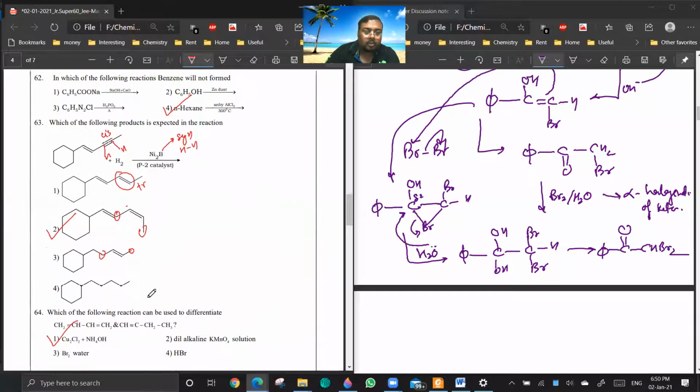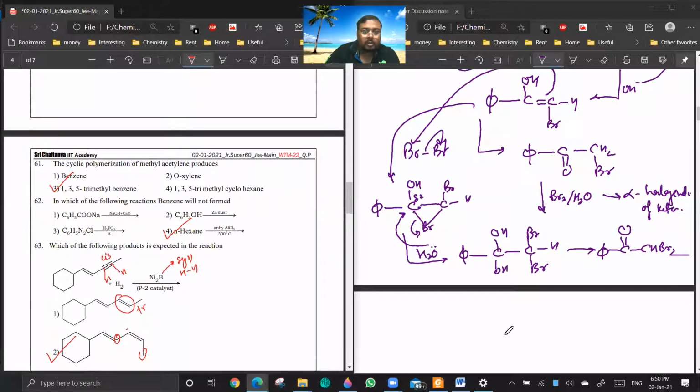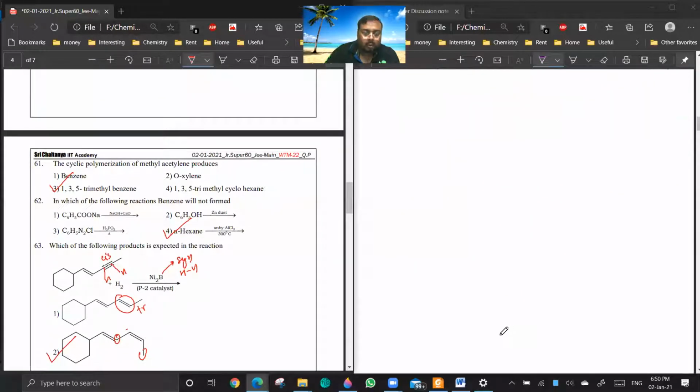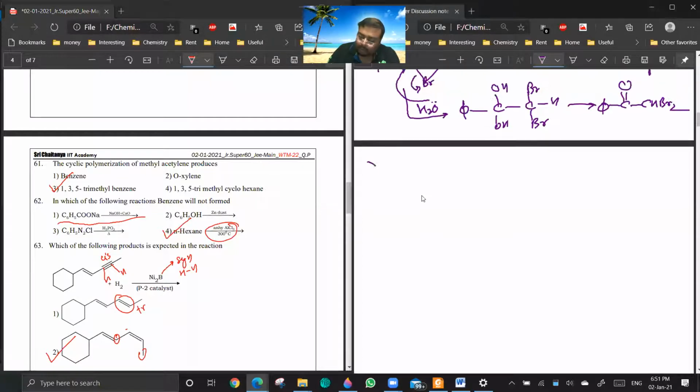63, 64 is done. 61, 62. Yeah, 62. This I have given in the class also, no? In this case, C6H5COOH will give no benzene, sir? In this reaction, it is decarboxylation.